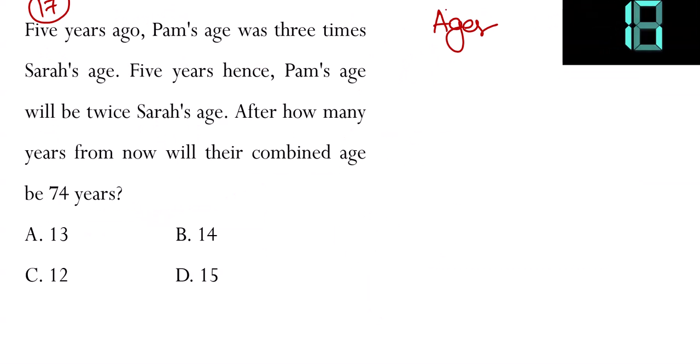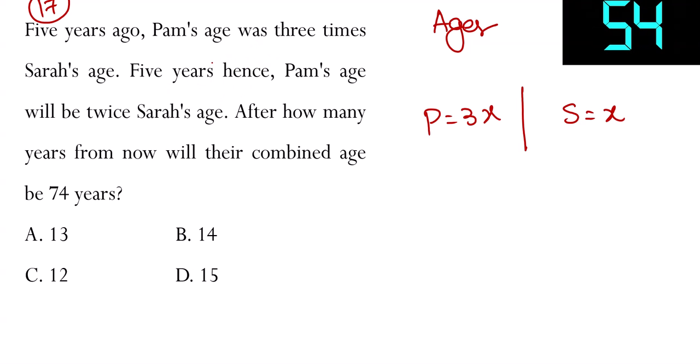So here, 5 years ago, P's age is 3 times of S. Okay, so if S is equal to x, P will be equal to 3x. Instead of 2 unknowns, I have only 1 unknown x now. 5 years hence means after. In 5 years, 5 years later, all this is after 5 years.